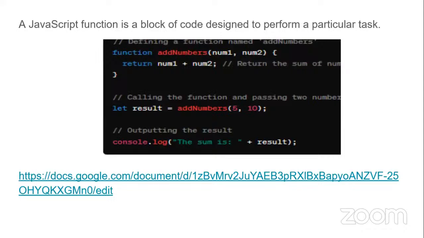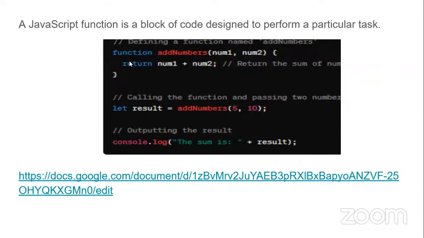You use the keyword function followed by the function name, and num1 and num2 are called parameters. We want to give some input to the function, so we send num1 and num2 as parameters, and by using these input parameters you perform the operation that you want, and you use the keyword return to return the result back.